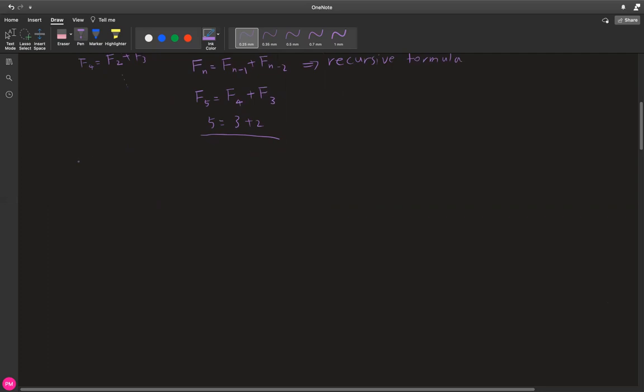But before I do that, I just want to define one small thing. So let's say population sequence.